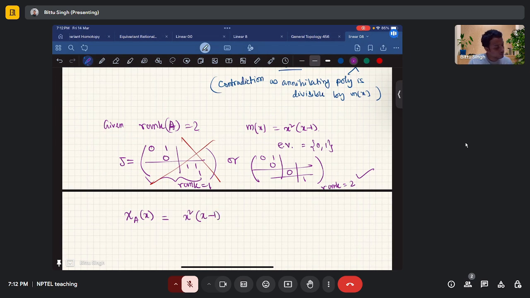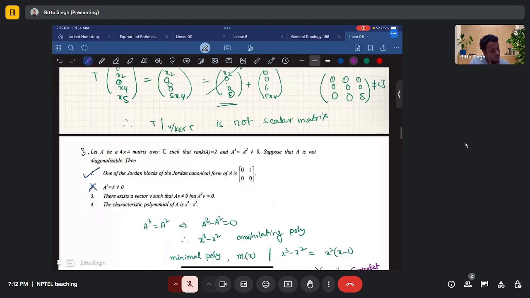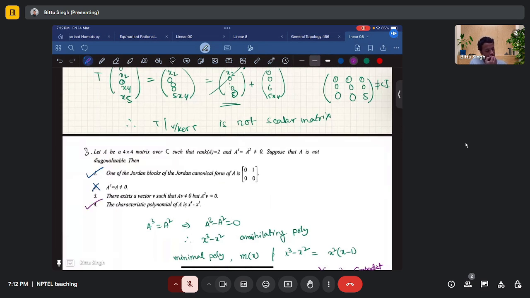The degree of x minus 1 is 1, and we also see that 0 appears 3 times in the Jordan form. So the multiplicity of x minus 0 is actually 3. So this is the characteristic polynomial: x cubed times x minus 1, which is x to the fourth minus x cubed. So this is true.